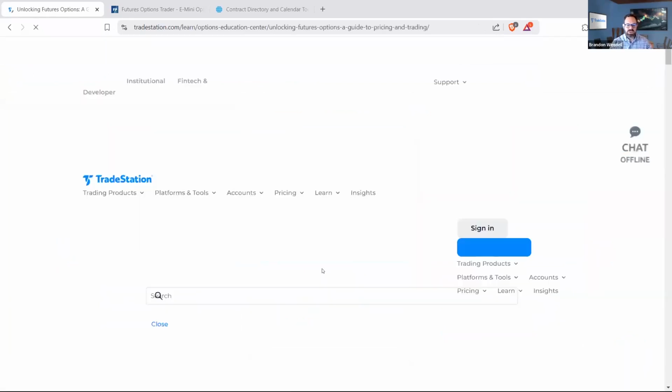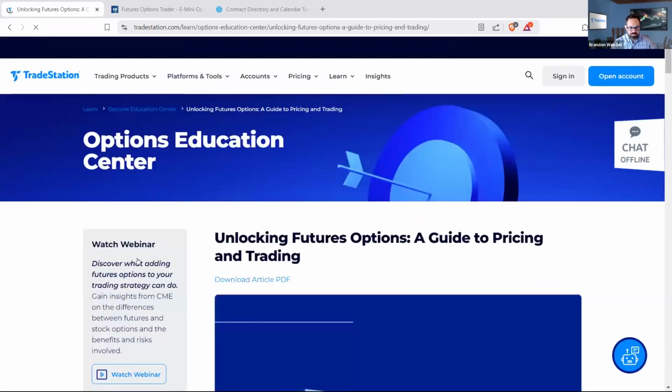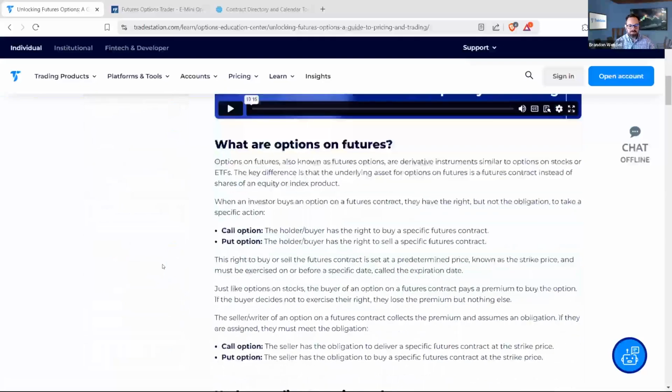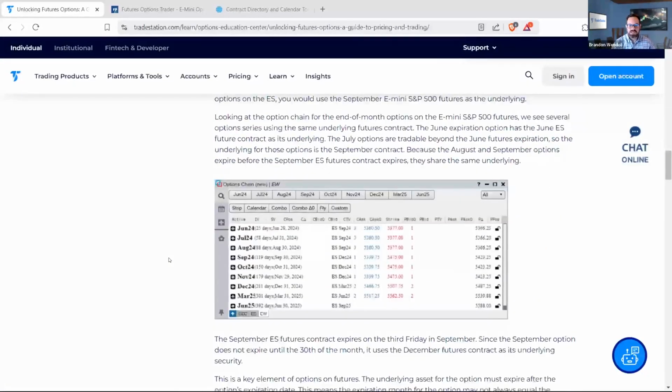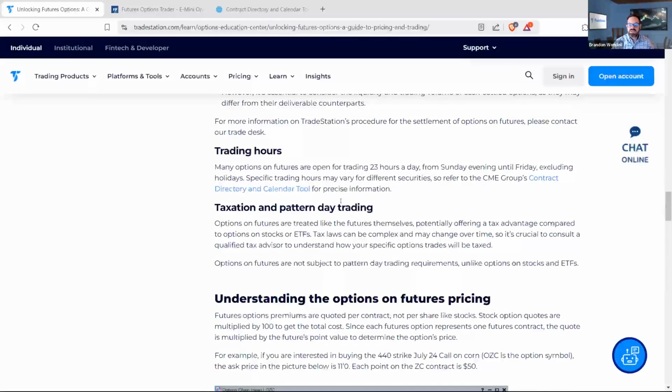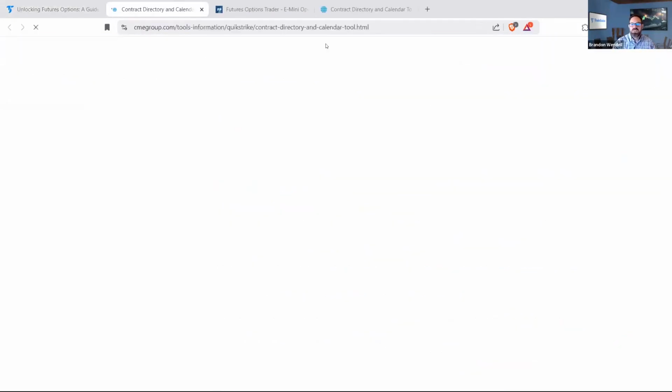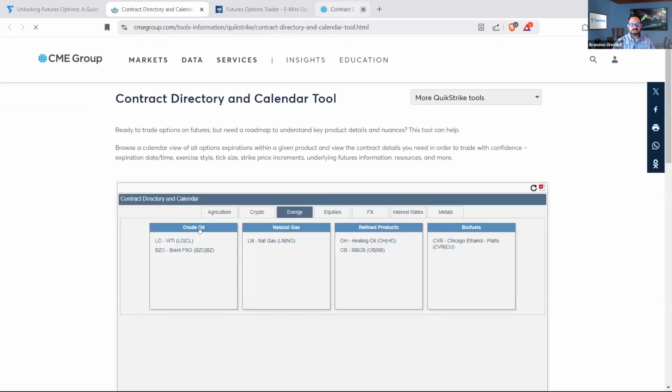We have a section on education on that as well. And there should be a link to this for that particular page. There it is, contract directory and calendar tool. So there's a link right there that you can go to inside the education, and it takes you to the exact same place that I just was.